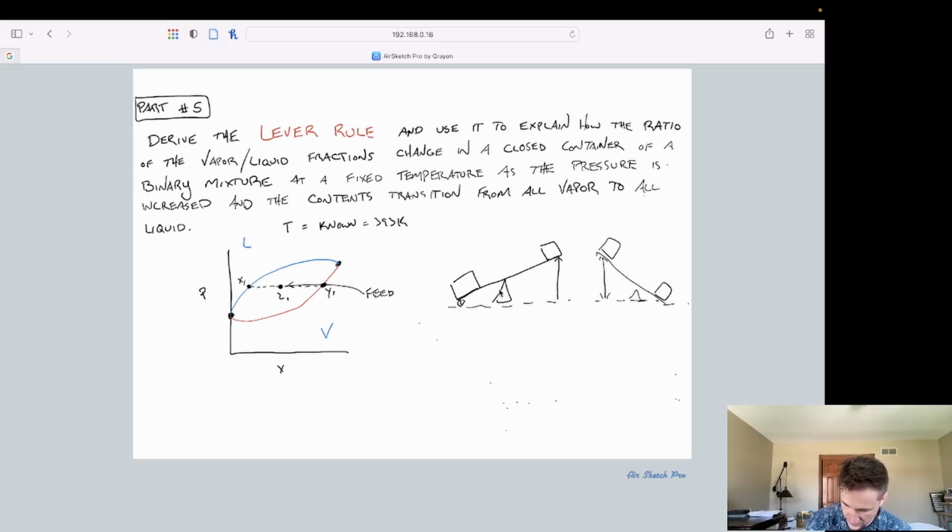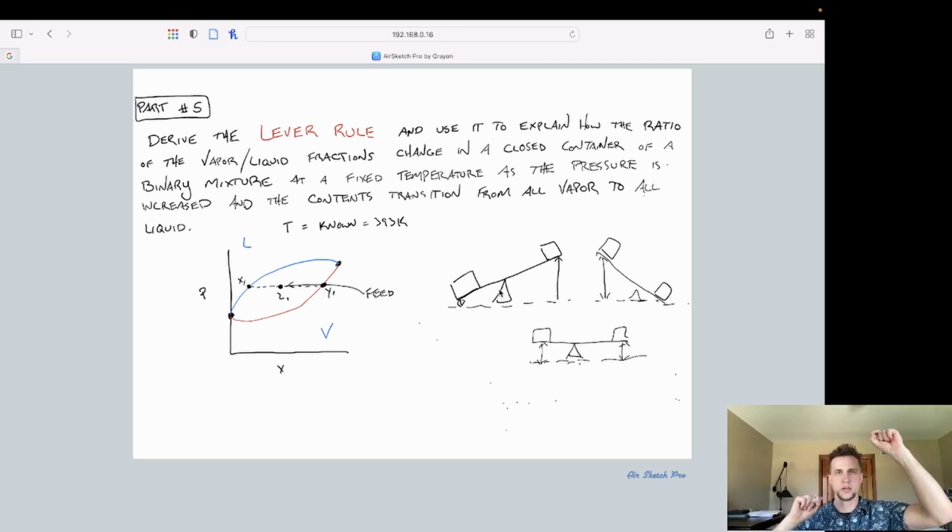And if they were completely equalized, half and half, then they're going to be an equal ratio. So the concept is that as one increases, the other decreases, and they're operating like this with each other. So that's the concept of this seesaw, this lever rule.